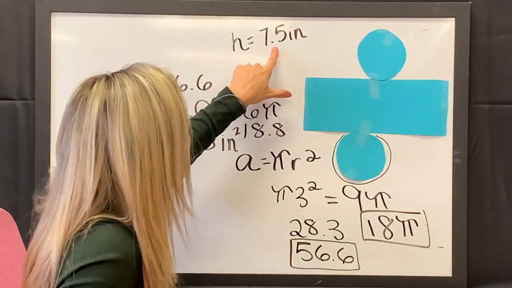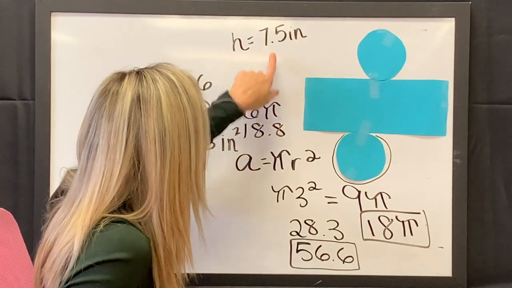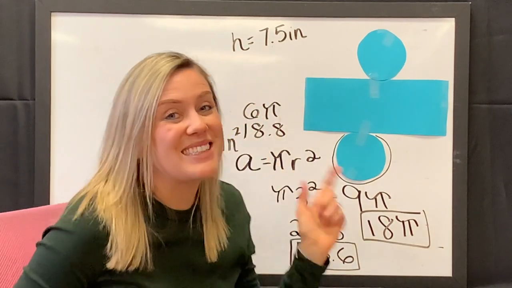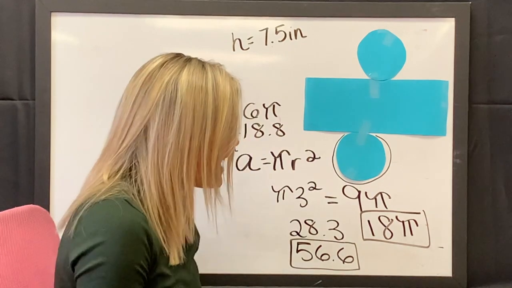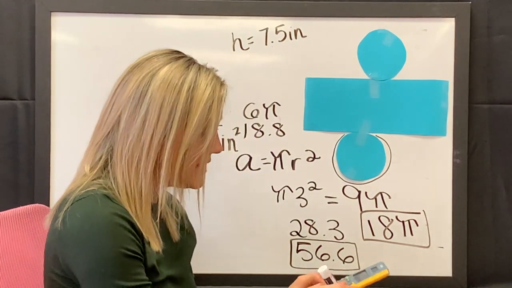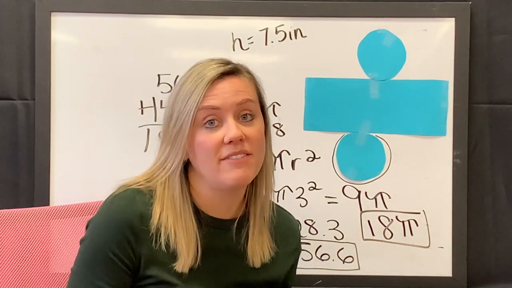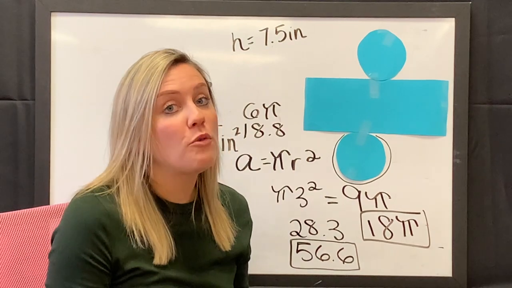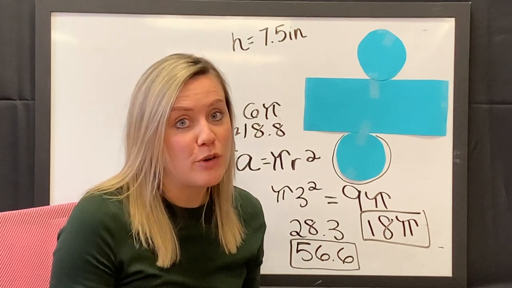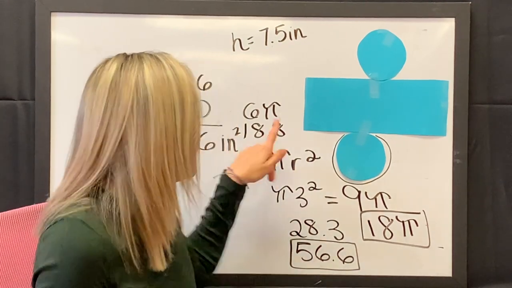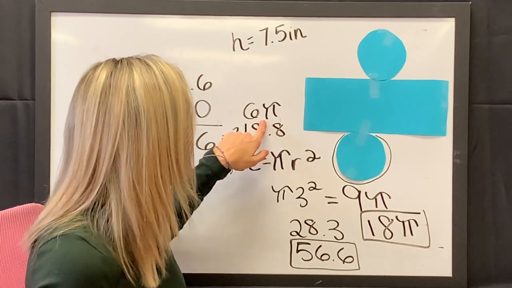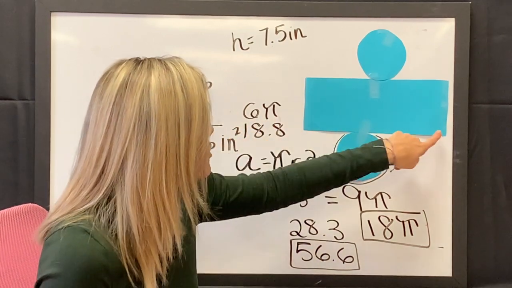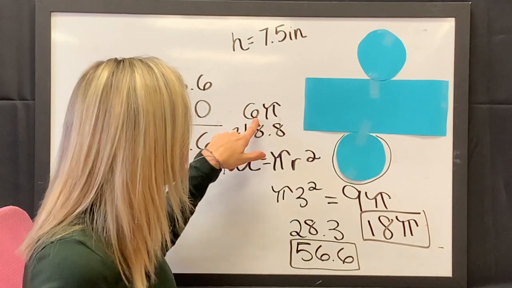So I'm going to take our height, which was 7.5, and I am going to multiply that by 6, okay? 7.5 times 6 is 45. Now, if I were going to find the rounded answer, I would take that 45 and multiply it by pi, because remember, my circumference or the distance right here on my rectangle was 6 pi.